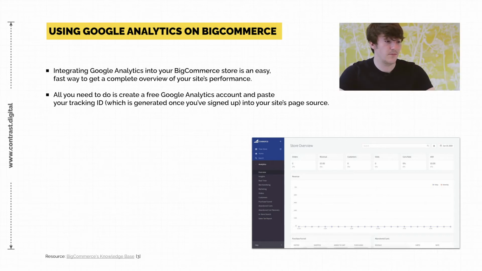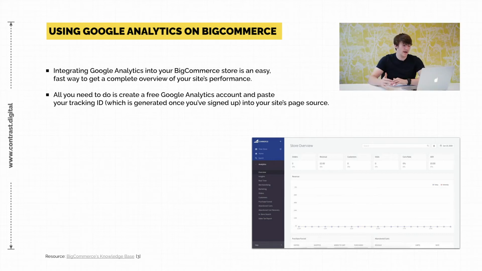It's a case of pretty much just going into your BigCommerce advanced settings, then clicking on your web analytics, enabling Google Analytics as an extra tracking ID, clicking save, and then just copying across your tracking ID from Google Analytics and pasting it into BigCommerce. It's that simple, and that will then have the tracking snippet in there. And that is just literally getting the script installed onto your site.